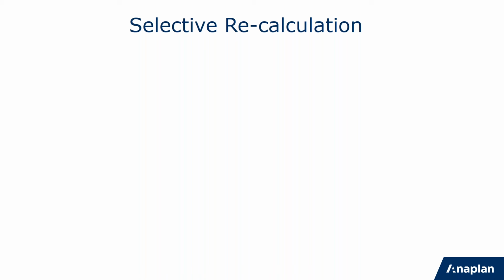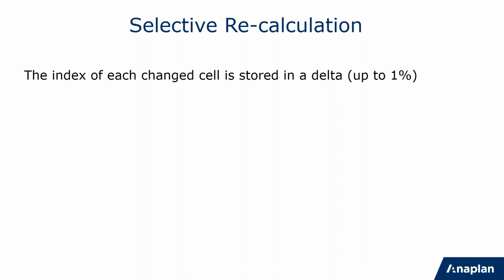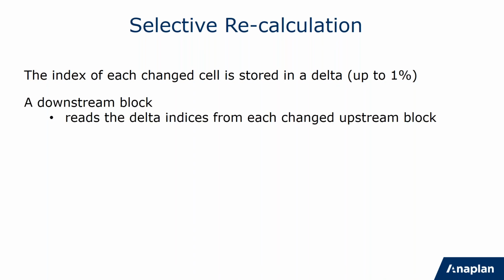So selective recalculation, this is what happens when you change a single number, or you change 2 or 3 numbers, or you have 5 or 6 different people, or however many changing individual numbers. So when you make a change, we store the index of that change in another data structure next to the block called the delta. And we store up to 1% of the size of the block as changes.